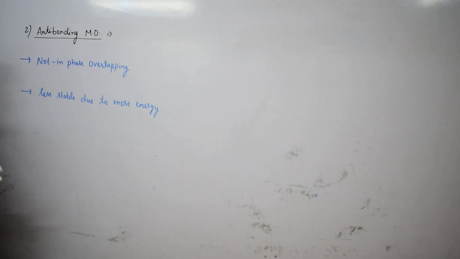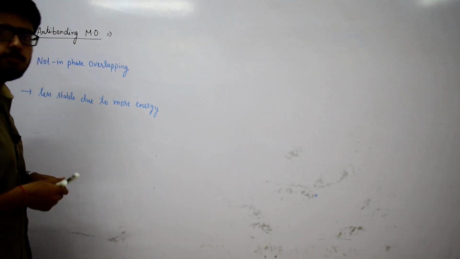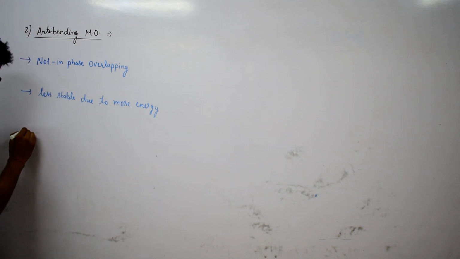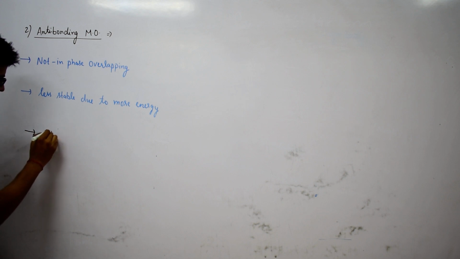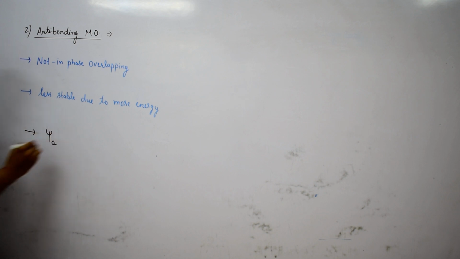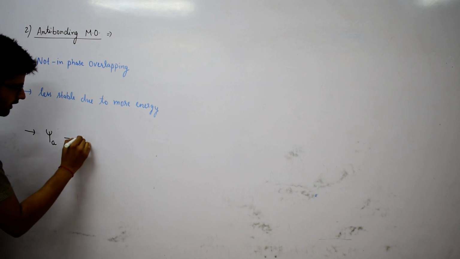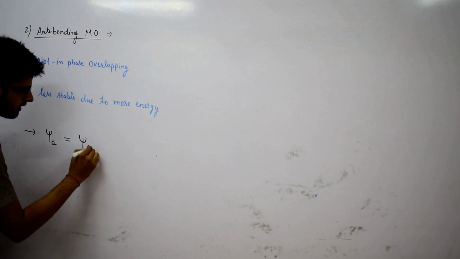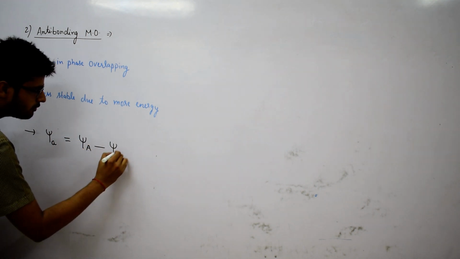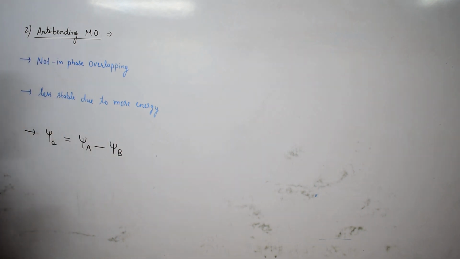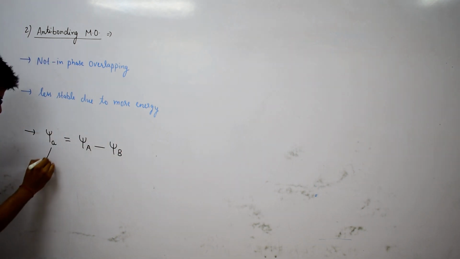And the third point is its equation in the form of wave function. If we write a wave function for anti-bonding, psi A represents the wave function for the anti-bonding molecular orbital, then it would be equal to the difference in wave functions of the two combining waves.